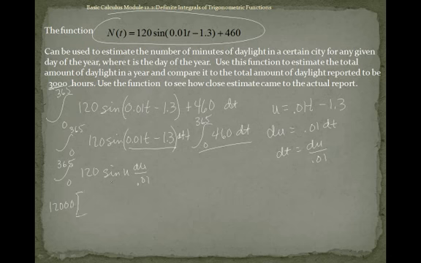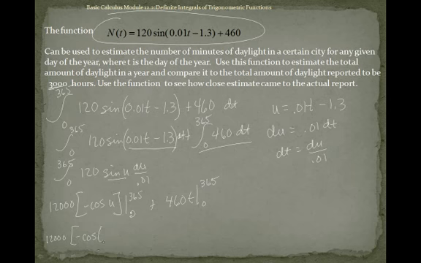And if we integrate sine of u, that's going to give us negative cosine of u, and that is going to be from 0 to 365. Plus, we've got over here 460t from 0 to 365. So let's break out the arithmetic here. That'll be 12,000 bracket minus cosine, and let's plug the u back in there.